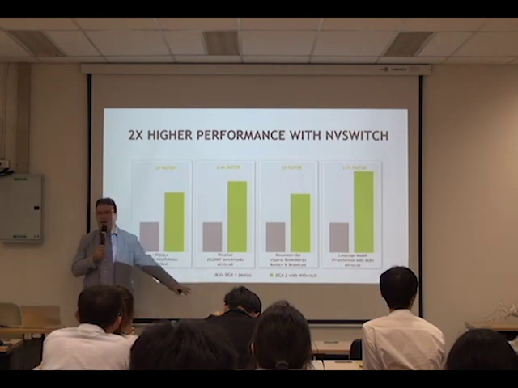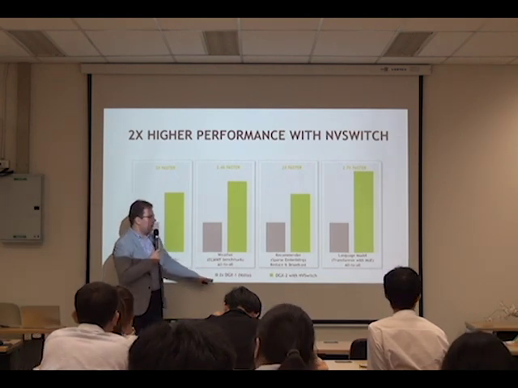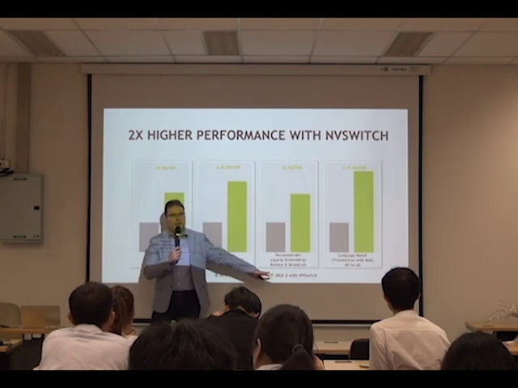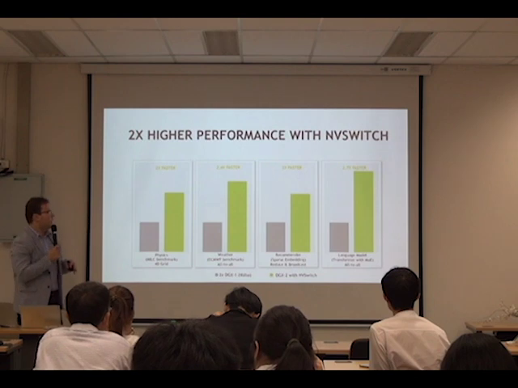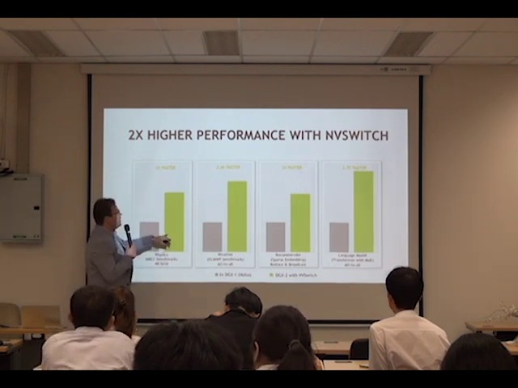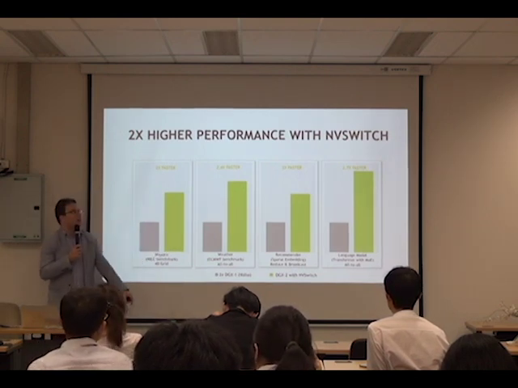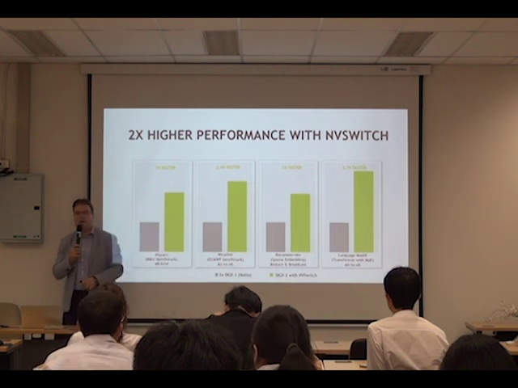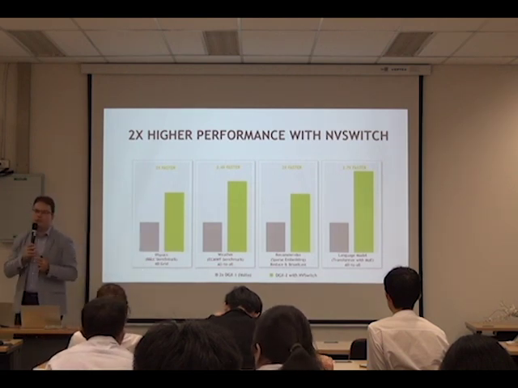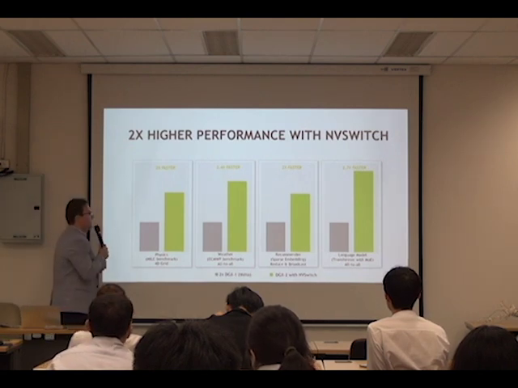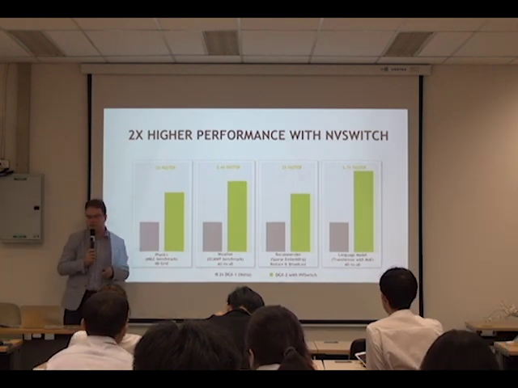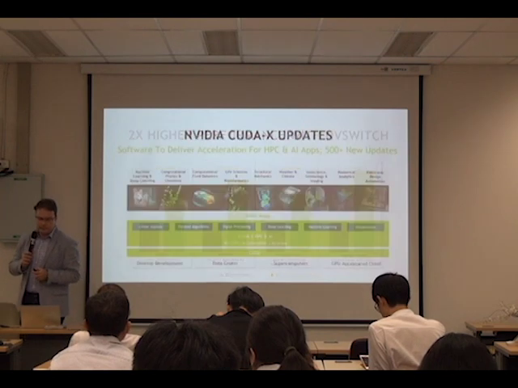In theory, it's the same number of GPUs, 16 GPUs here, 16 GPUs here. But because of the hardware and the software technology, you can see that the performance is sometimes double, if not more, for the exact same number of GPUs. It's the hardware plus the software that makes this possible.